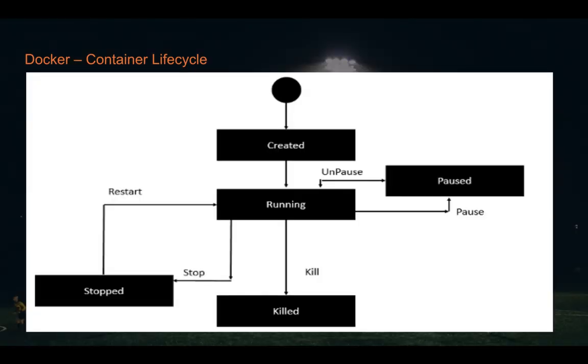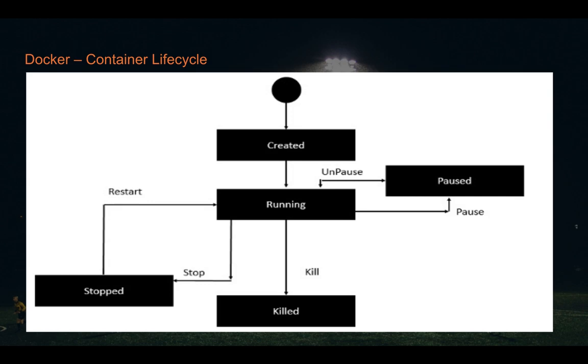Let's see the Docker container lifecycle. It starts when we write a command, docker build or docker run, which creates a Docker container. A Docker container can go into multiple phases, like a running state, a paused state, a stopped state, or a killed state.